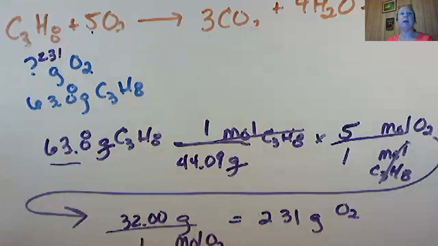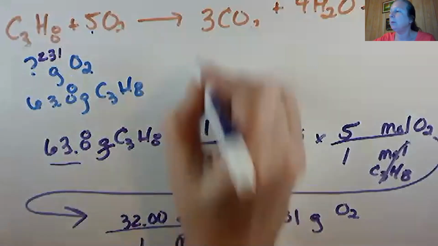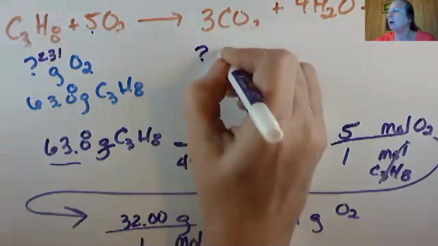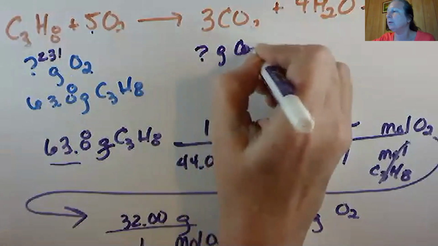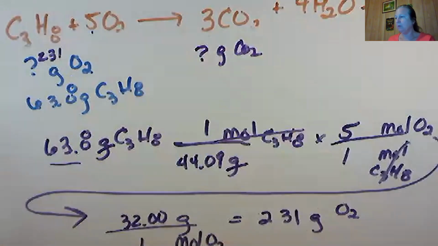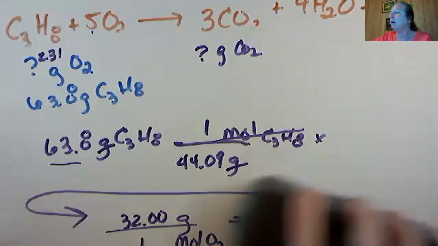Okay, you can also ask the question of how many grams of carbon dioxide are produced. Well, I'm going to keep my first step because I have to go to moles. And because I'm still using the same amount of propane we were given, it's the same problem, I'm keeping the first part.